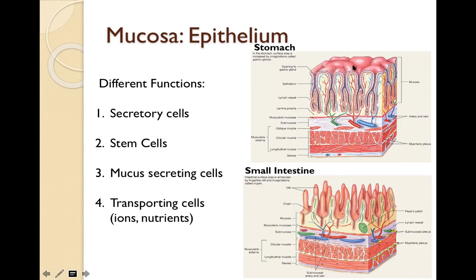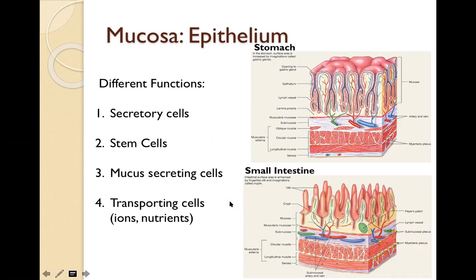Your entire stomach is lined with mucus, and the acid within it doesn't start breaking down the cells that line it. There are also some transporting cells within the epithelium. Whether you're talking about the stomach or the intestine, these types of cells are very common to both.